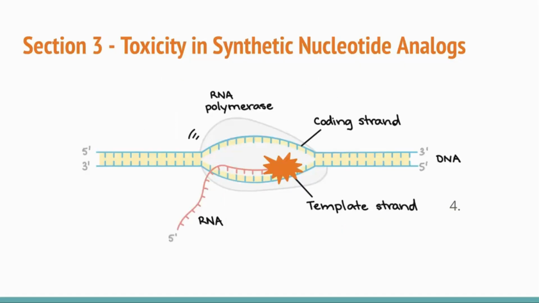Analogs are toxic to both transcription and translation. During transcription, if an analog is incorporated into genetic material in place of a nucleotide, it can cause disruptions in base pairing, premature termination, and polymerase stalling. During translation, analogs can cause changes in protein folding, which in turn affects protein function.